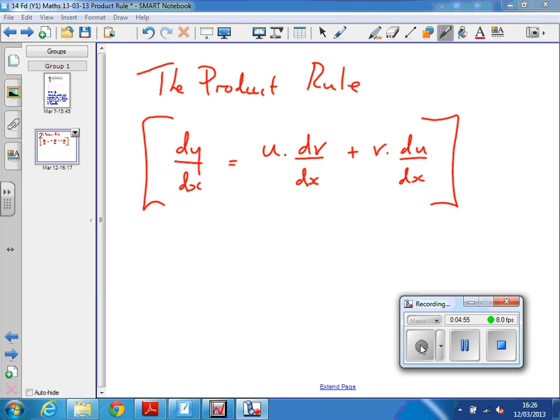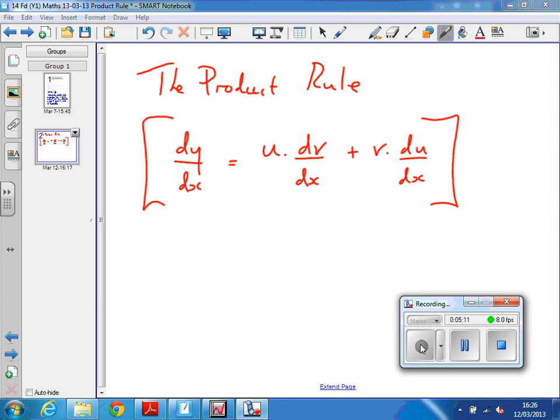The question is, what is u and what is v? So we need to talk about that. It's also useful to think about this rule in words. Okay, so I'll write it in words as well.